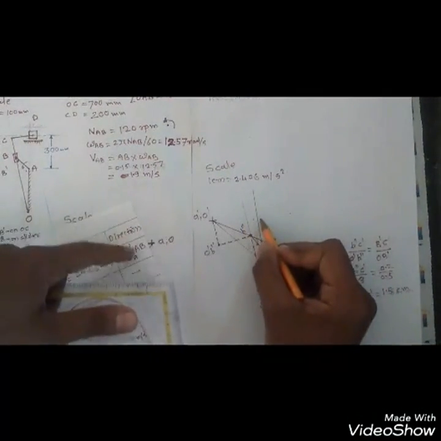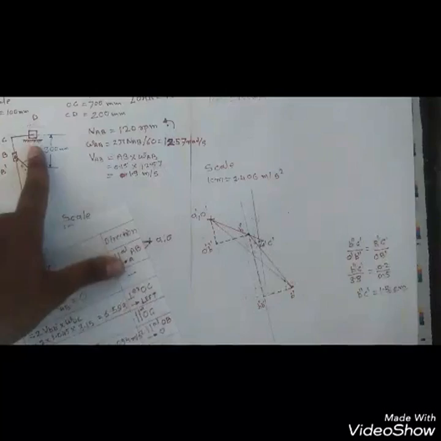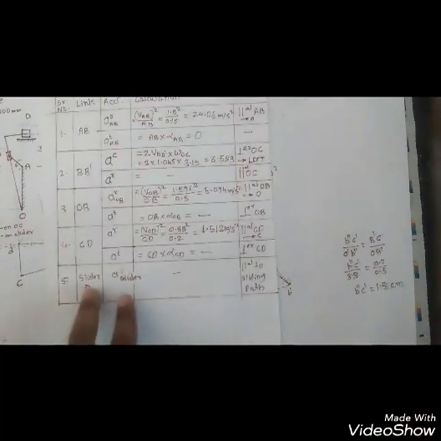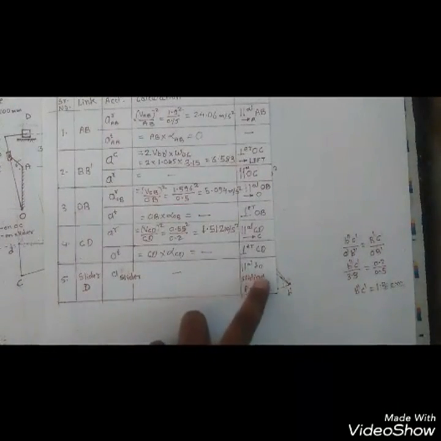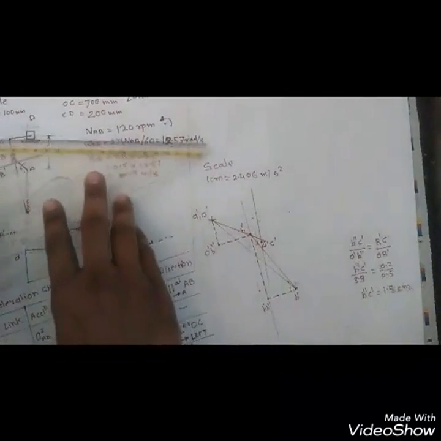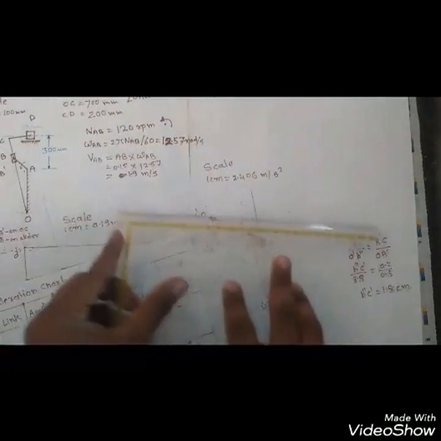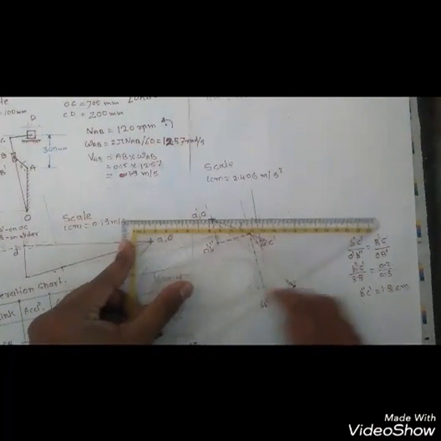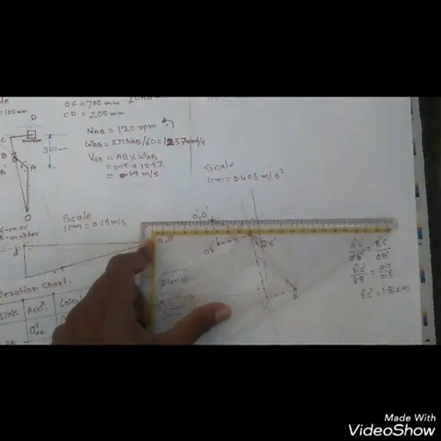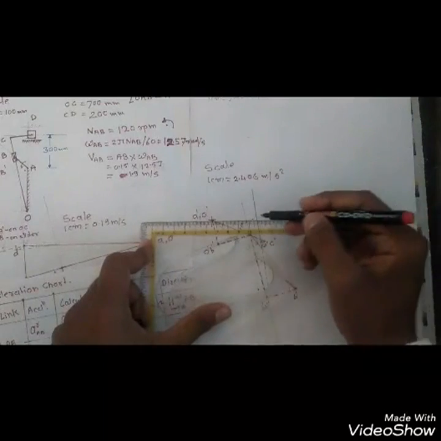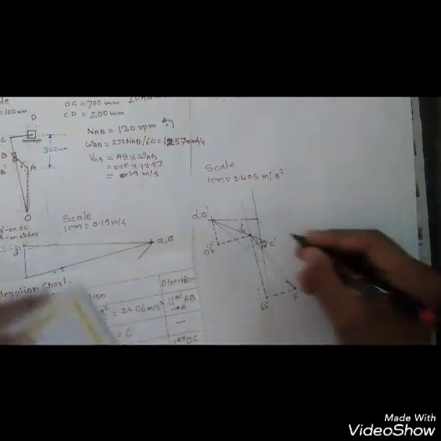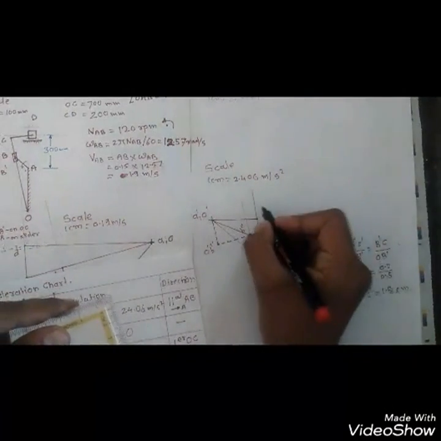For slider D, from this acceleration chart, draw a line parallel to the sliding path and passing through the fixed point to get the point D dash, like this. This will intersect the locus which we have drawn for D dash.